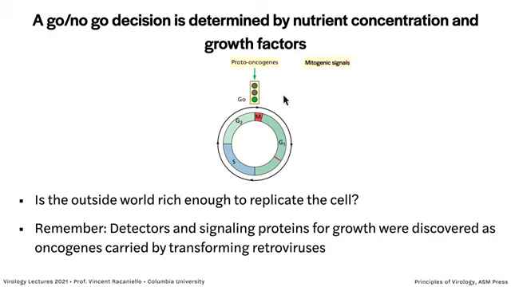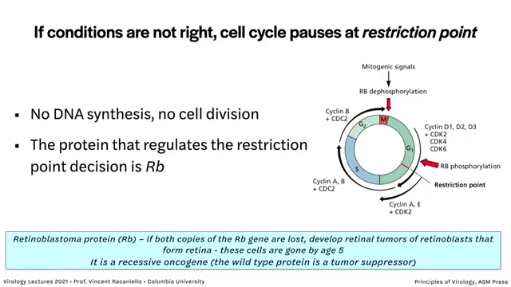Are there growth factors outside the cell that can be used to promote growth? Or another way to look at it, is the outside world rich enough to replicate the cell? And that whole process that drives the cell through mitosis is the pathway that was discovered in the transducing retroviruses. But there's another point of control in the cell cycle, and that's down here, the second red arrow, right?